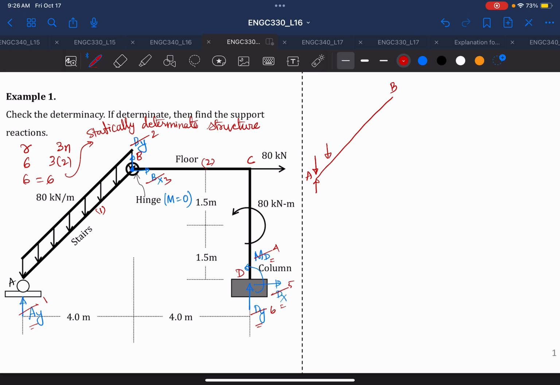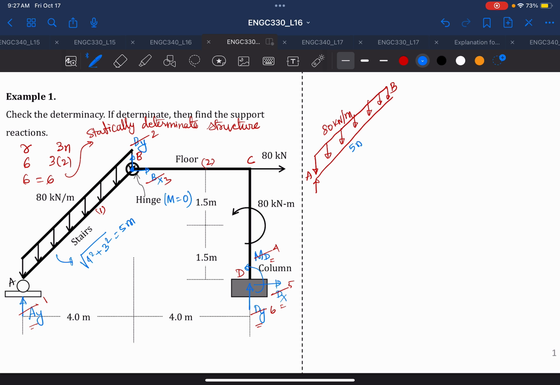Because this load is along the gravitational direction, we call it a dead load, or dead weight load, and this will be 80 kilonewton per meter. The first thing we need to know is the length of AB. For this we can use the Pythagoras theorem, which is the square root of 4 squared plus 3 squared, and that will give you 5 meters.